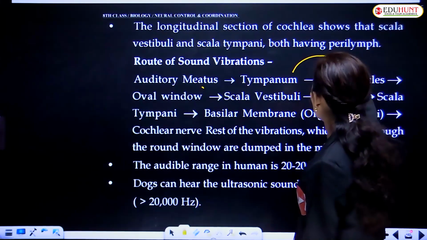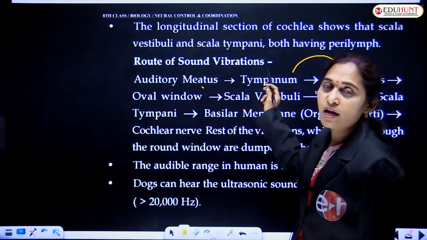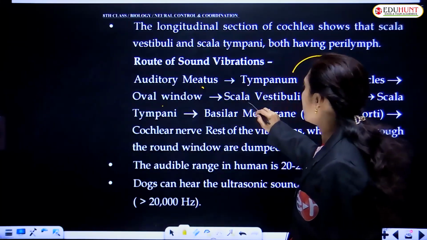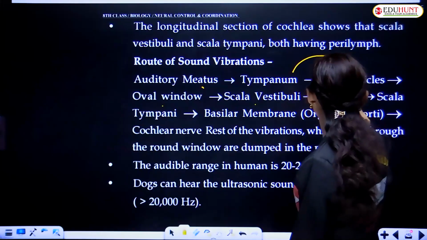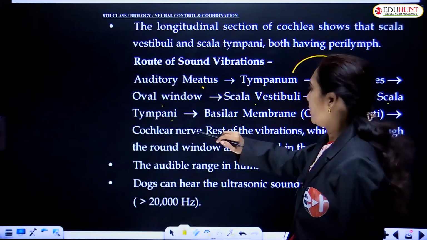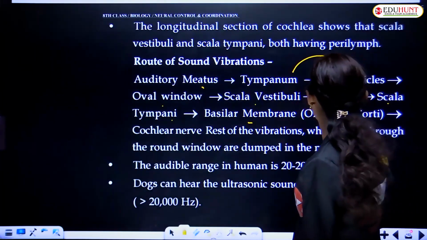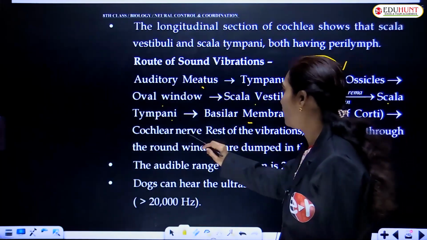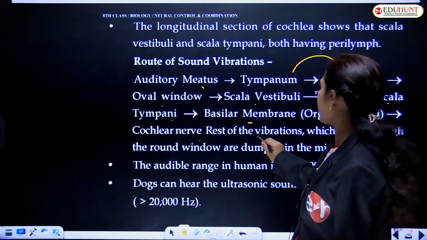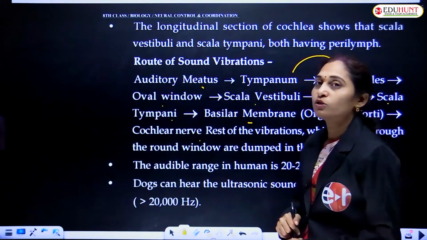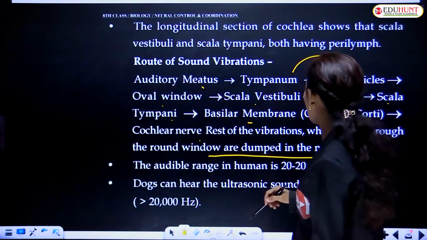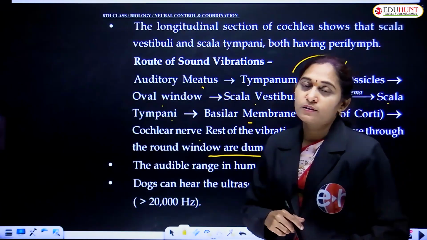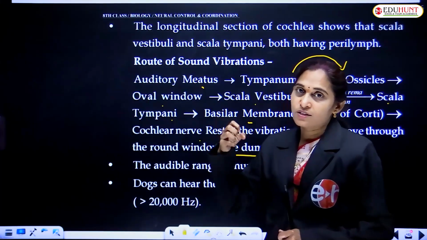From there towards the ear ossicles, we know that there are 3 ear ossicles, and then the oval window, scala vestibuli, then scala tympani, basilar membrane, and the organ of Corti, which is the actual sensory part of the ear, and then the cochlear nerve. The rest of the vibrations, which move through the round window, are dumped in the middle ear. This is the actual path of sound vibrations.